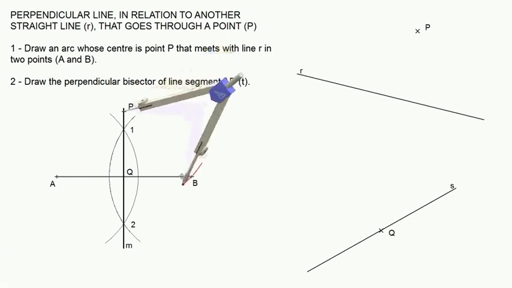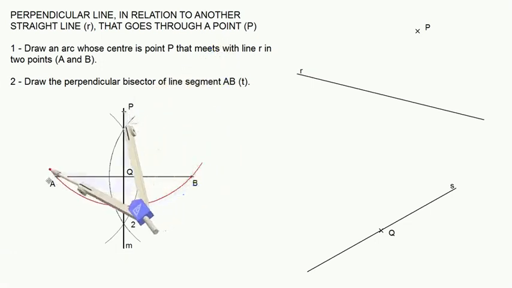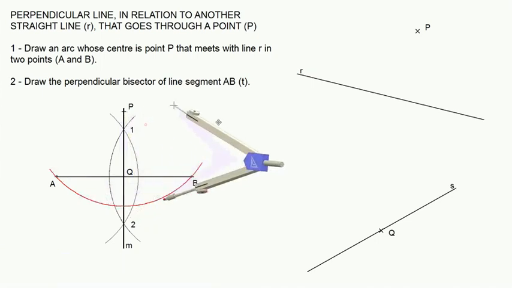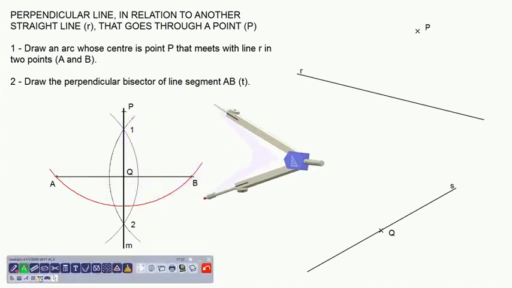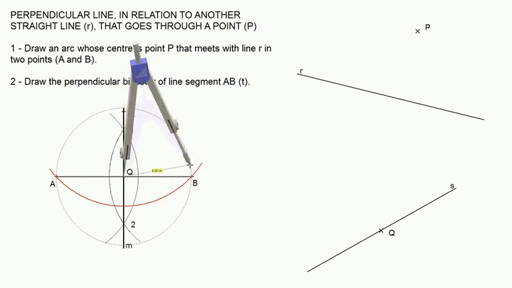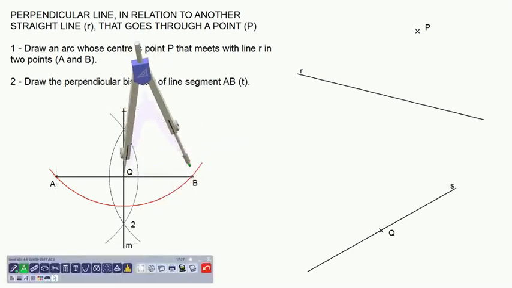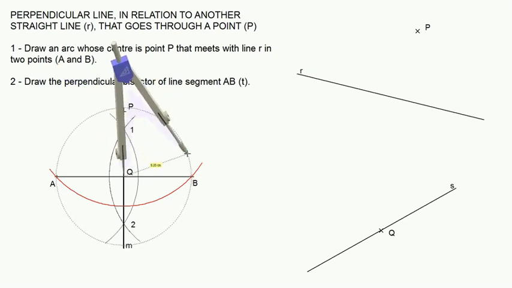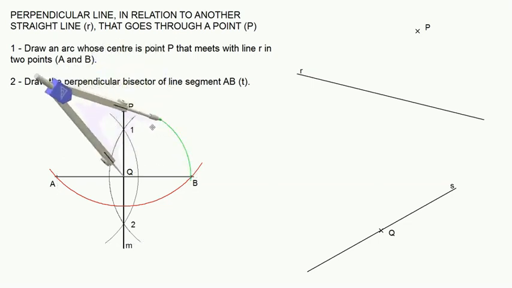For example, this one. Okay, but I can also draw a circumference that goes through point Q and that goes at the same time through points A and B. For example, this one.